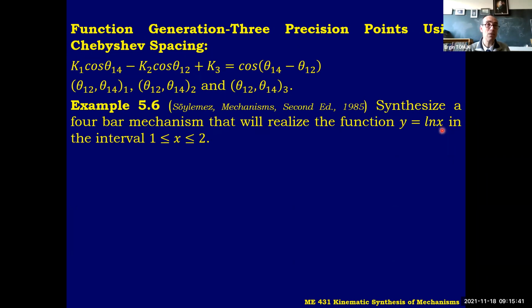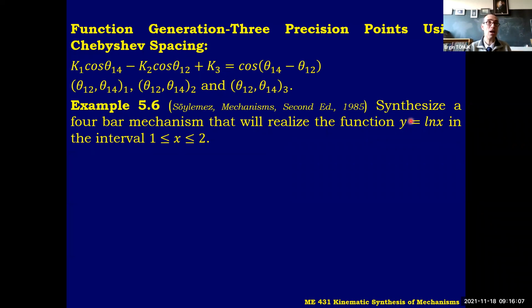But for a CAM, that's possible. Why? Because CAM has a continuous surface. Of course, there will be some restrictions when we see CAMs on the function, but at least theoretically, with a CAM surface, you can generate such a continuous function. However, for the linkages, definitely it's not possible.